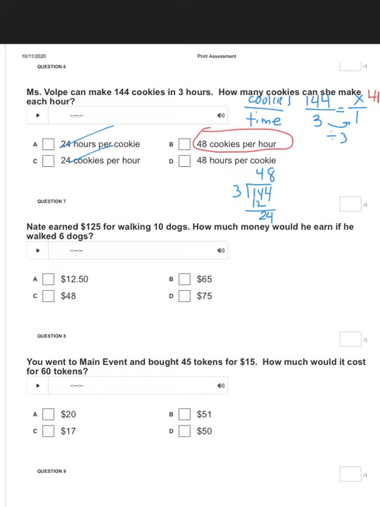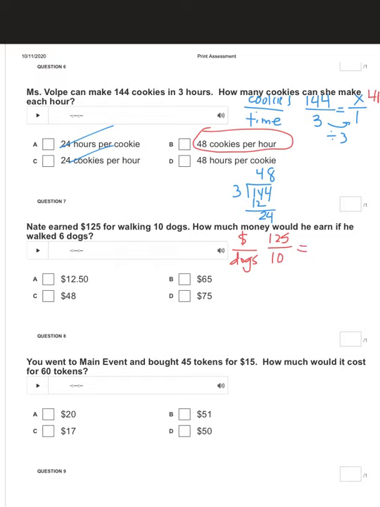Okay, next one. Nate earned $125 for walking 10 dogs. How much money would he earn if he walked 6 dogs? Well, money, as I've mentioned, will go on the top of your fraction. So then that would mean the dogs would have to go at the bottom. He makes $125 for 10 dogs.